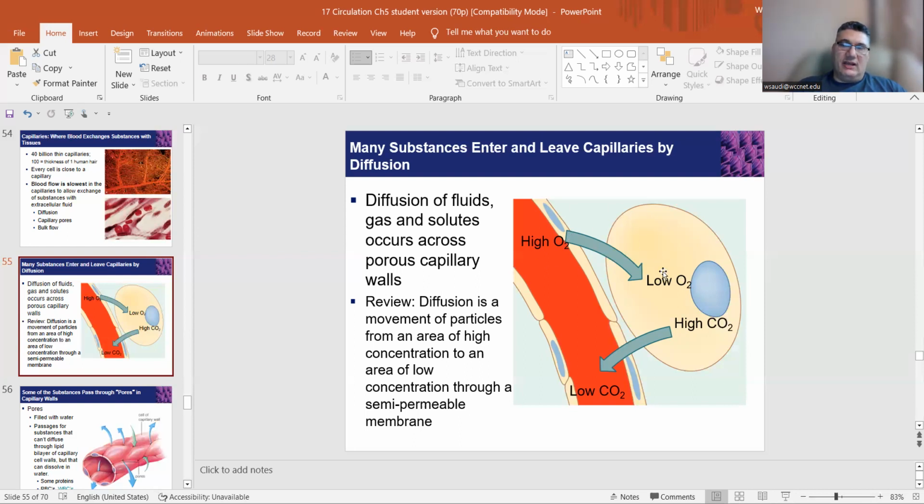This is happening all the time. But I already mentioned the part of the fluid that leaves is more than what goes back. How about the extra, the difference? Like 10 milliliters leave, and 8 go back. How about the 2? Lymphatic.